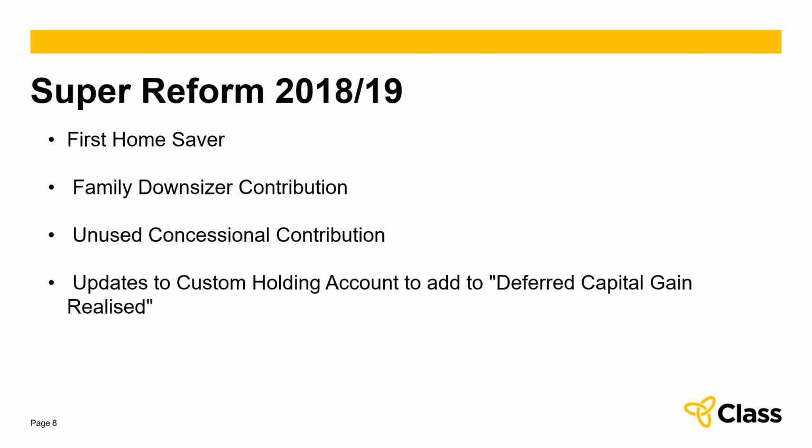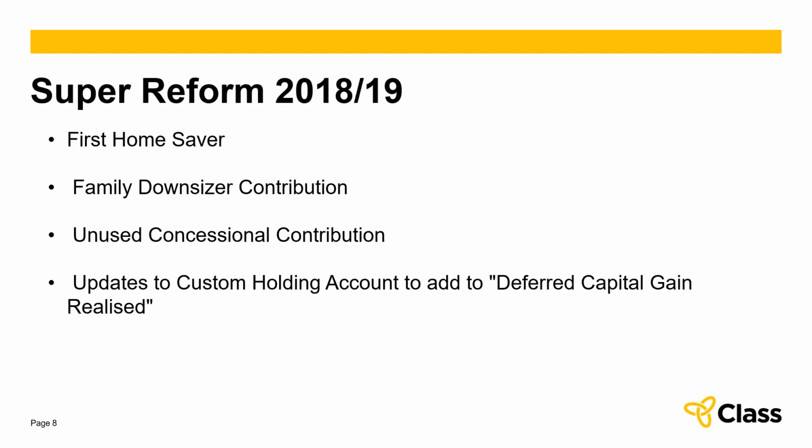But I think it's important for us to go through some of those changes that we've made and how you access them. Importantly, how that then ties together to the actual tax return, and how you actually report them to the ATO. So we'll go through the first home saver, the family downsizer, the unused concession contribution.